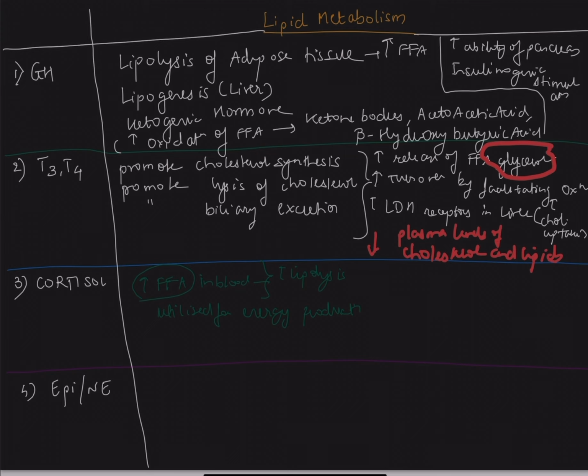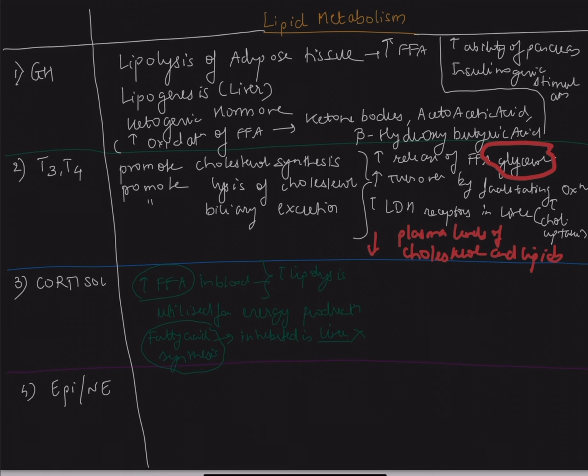So fatty acid synthesis is also a part of the function of cortisol. But the fatty acid synthesis does not take place everywhere. It is inhibited in the liver. That means in the liver there is no fatty acid synthesis.